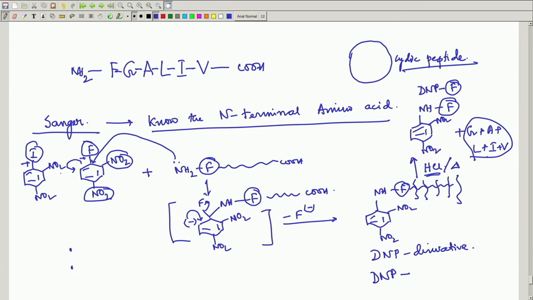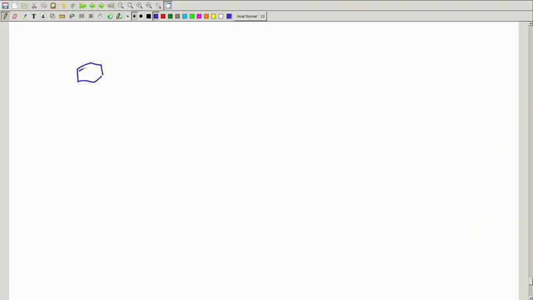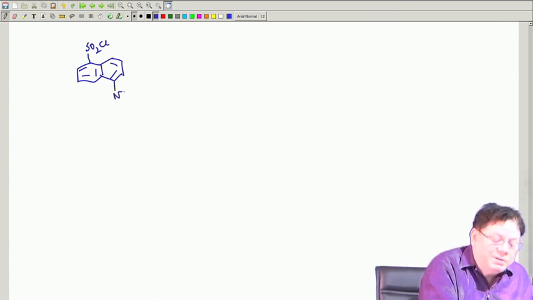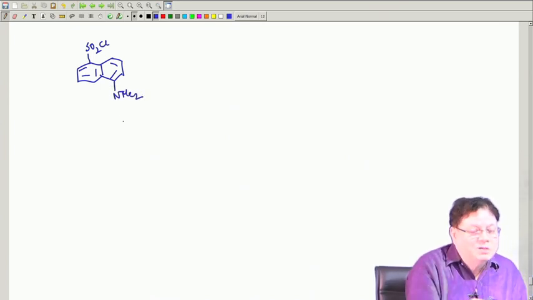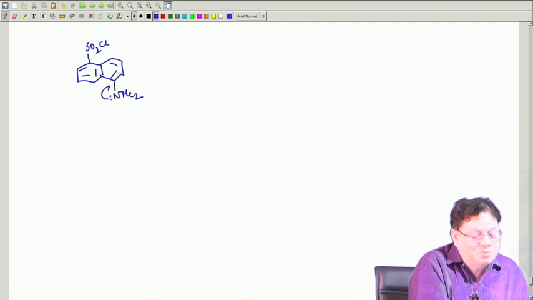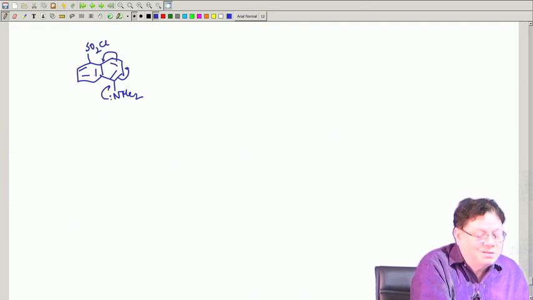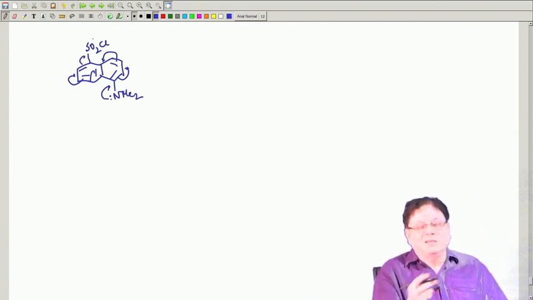The next one: similar to Sanger's method, there are other reagents one can think of, like Dansyl chloride. These are all for the N-terminus. What is Dansyl chloride? Dansyl chloride has SO2Cl here and NMe2 here. This is a very good chromophore, because of the kind of resonance it can have.